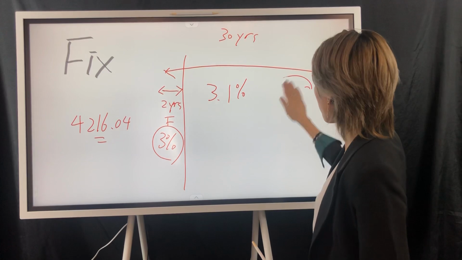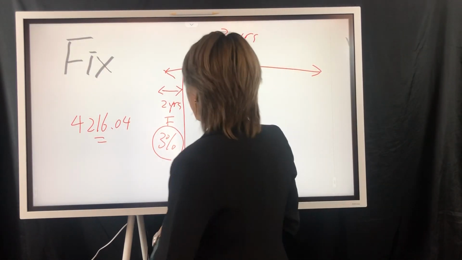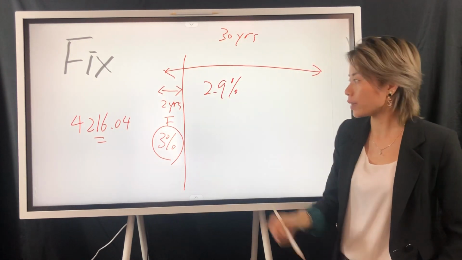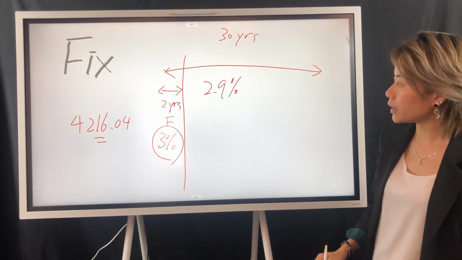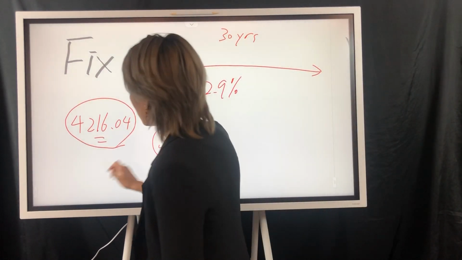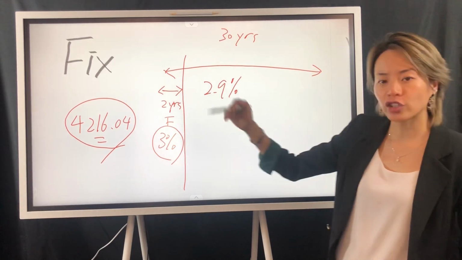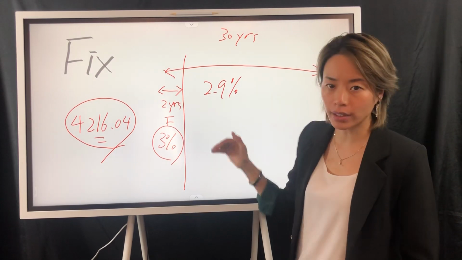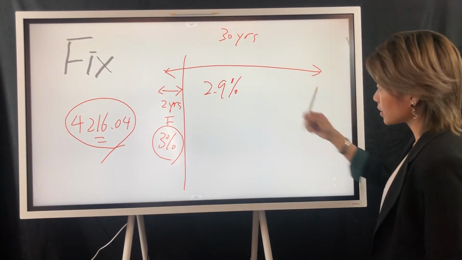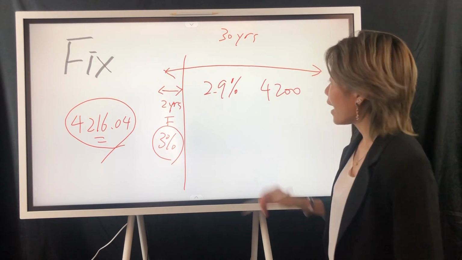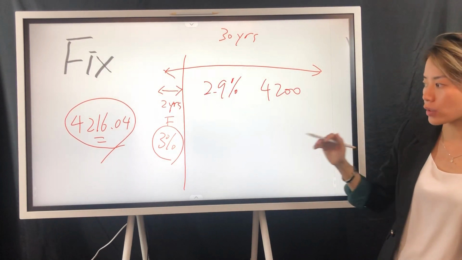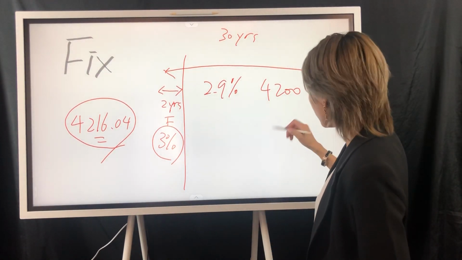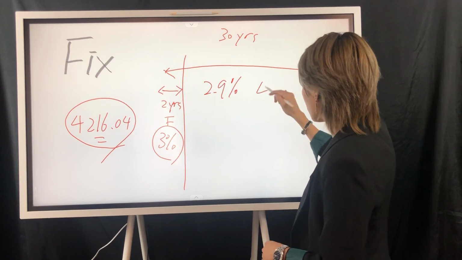But if it was 3% and when you refix again or leave it as variable the rate drops to 2.9%, they will still charge you the higher repayment unless you call the bank and say, just charge me whatever the market rate is, and they will drop it. Let's say that's 4,200, and then the repayment will change. Otherwise, they will always charge the higher repayment. But for whatever you pay extra, let's make it 4,000.